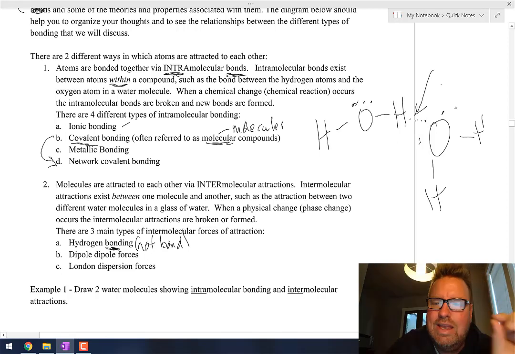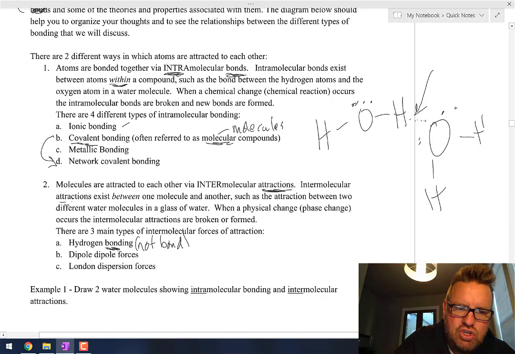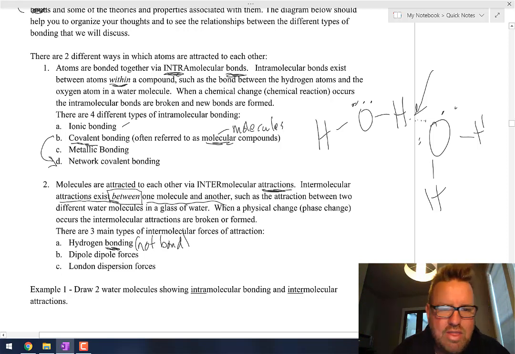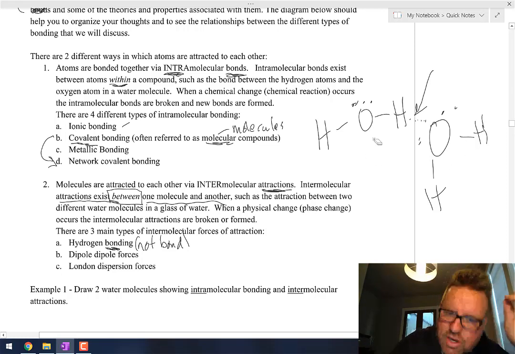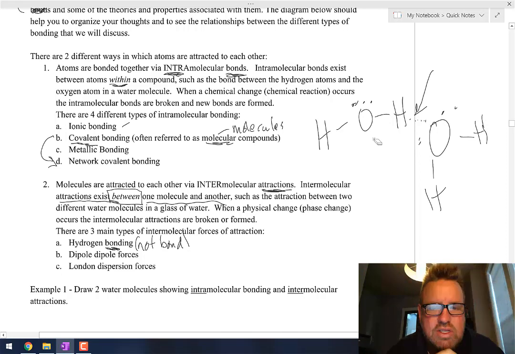That is the intermolecular attraction, not a bond. It's the attraction that exists between one molecule and another, not the attractions here and here. Those are the actual bonds, the intramolecular attractions in the molecule itself.